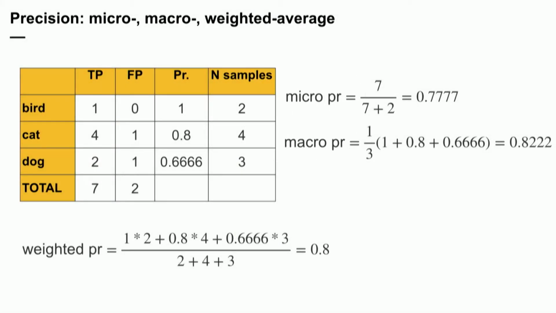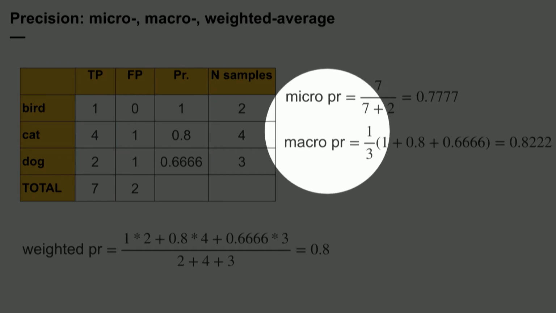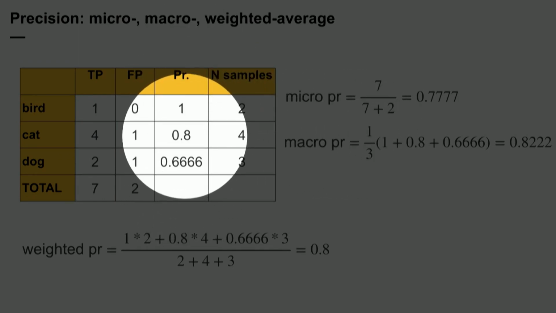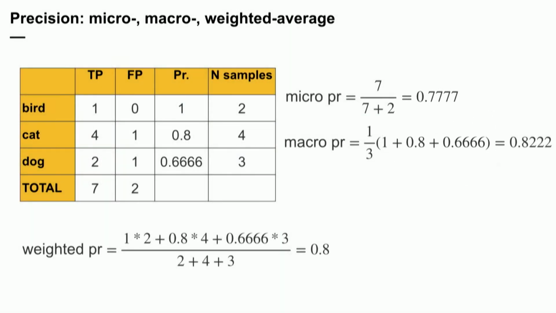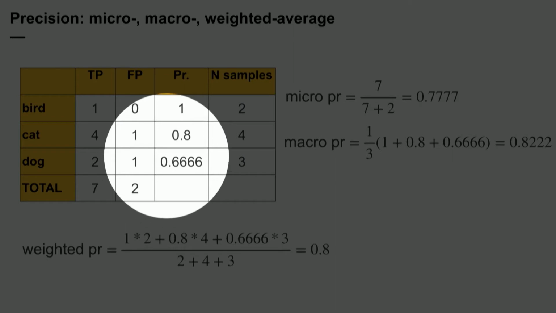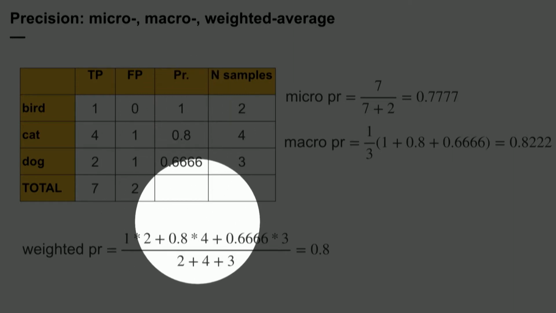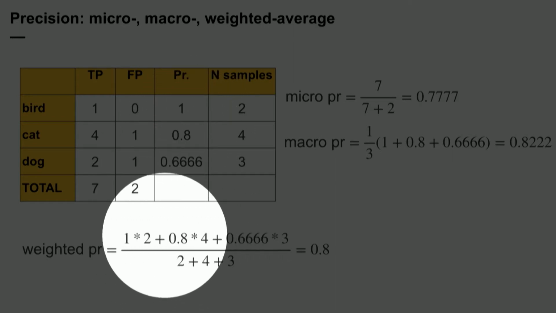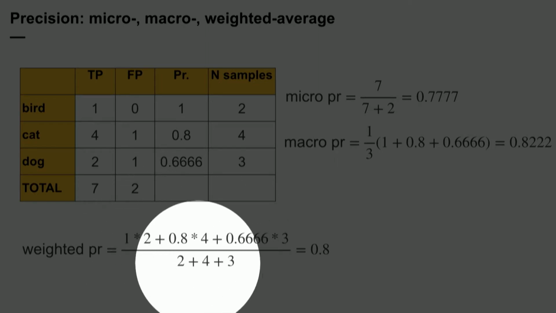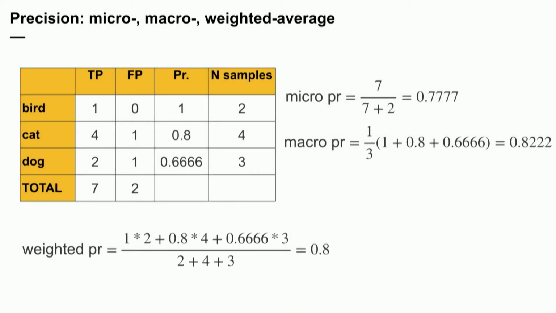This way, every sample contributes equally to the final average. Macro precision, we're going to take the average of precisions calculated per class. And weighted precision, we're going to take again precisions calculated per class, but we're going to take into account the size of the number of samples that we had for each class.